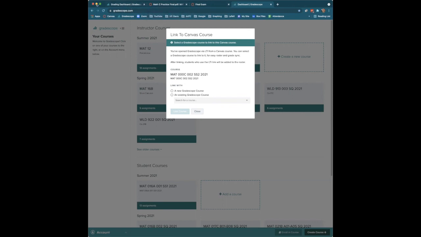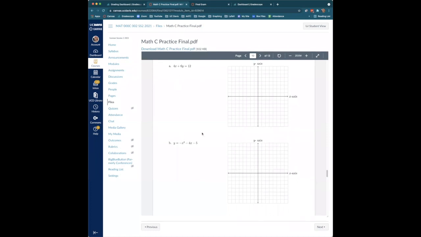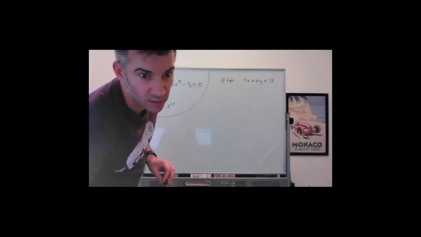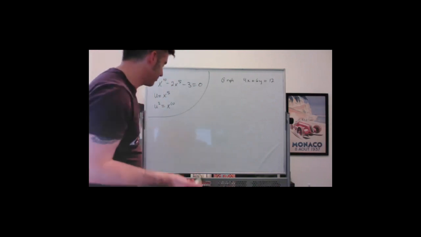I'm a little confused as to why it's not. Okay, sorry. So yes, that's where you should be able to find it. But again, you might have issues. Exactly, you can access it at the Gradescope dashboard as well.